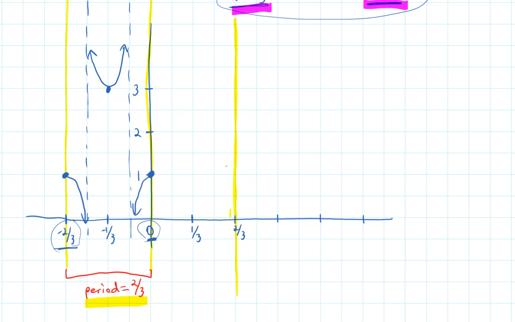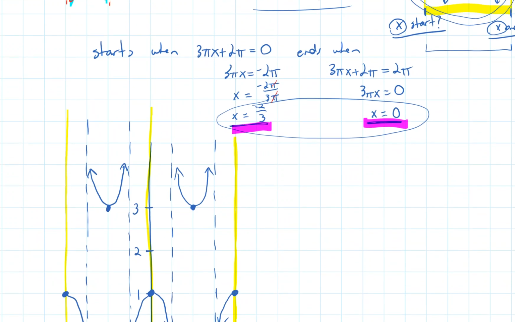It starts at 1, ends at 1, in the middle is at 3, and at the quarters I have asymptotes. Then I can draw in the shape of the function going down, and then up, and then down. Okay? And now I have 2 complete cycles of my secant function.